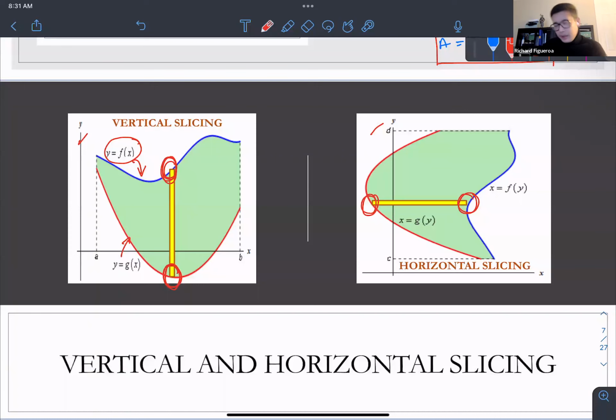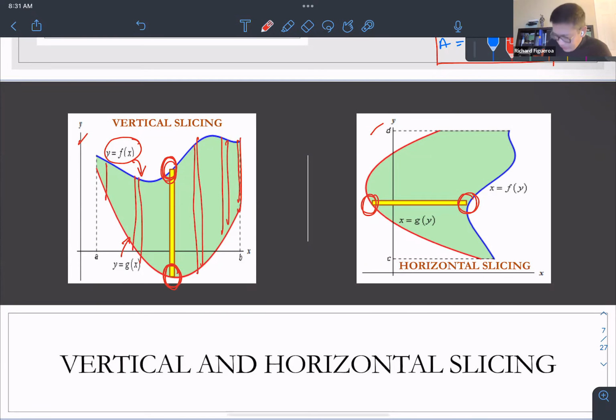This strip is actually moving. You can move it anywhere. I can have a vertical strip here, here, here, and here. So this is a moving strip.